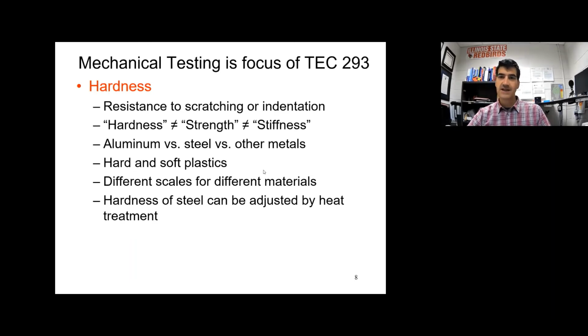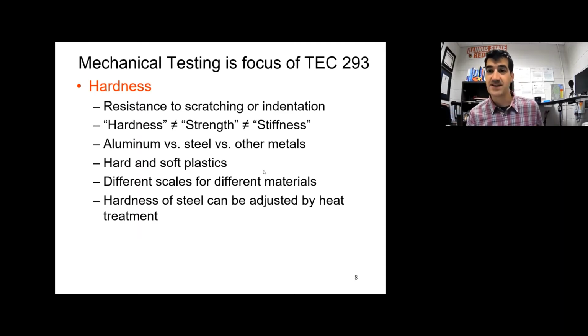And much later in the semester, we'll even talk about how you can take the same piece of steel, this steel right here, and adjust different properties, including its hardness, but other strength properties as well, and ductility properties, by heat treatment. I can throw this in the oven and let it bake for a while. I'm using that term loosely.